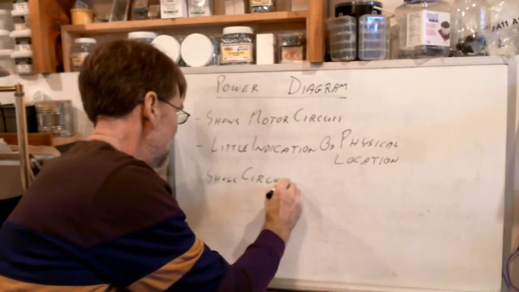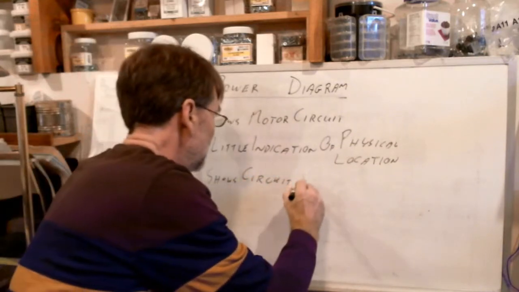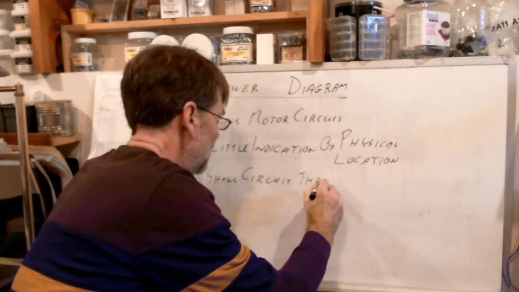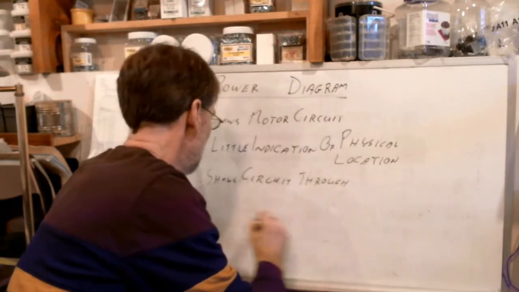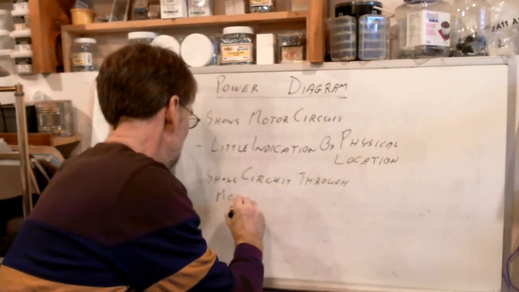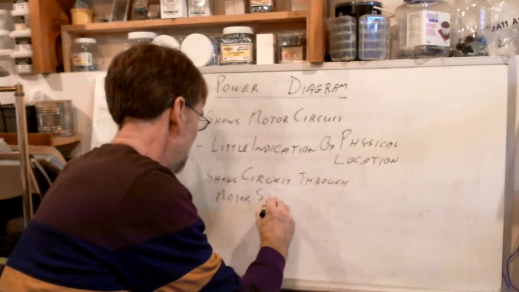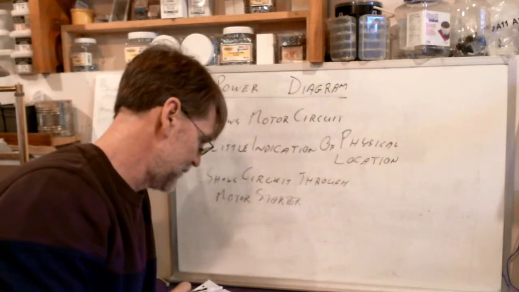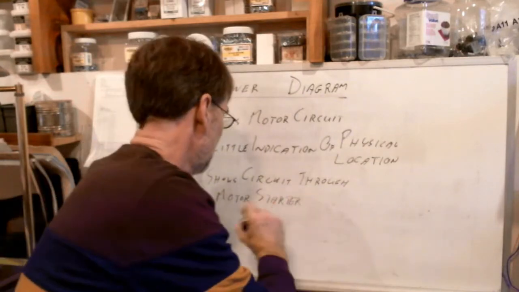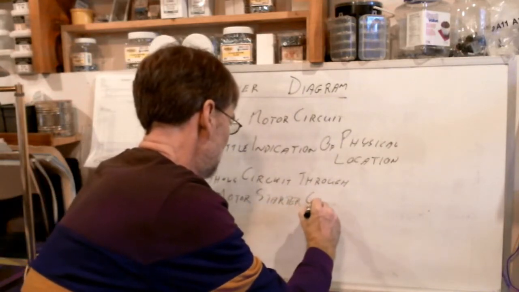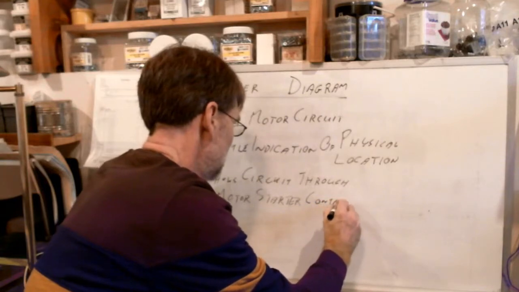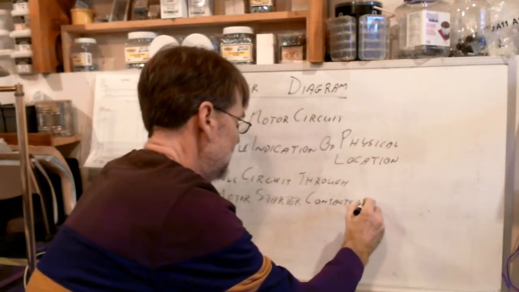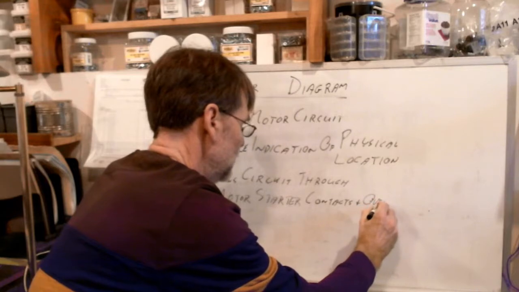This basically just lists the details that we have to include through the motor starter, which you will learn about soon enough. Motor starter, actually let's put motor starter contacts and overloads.